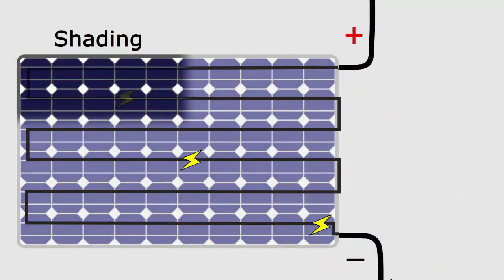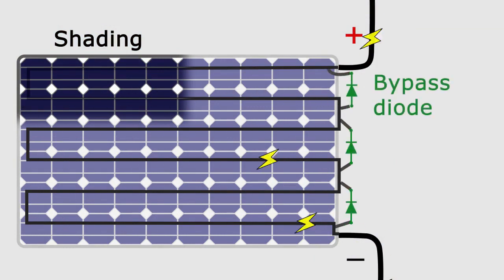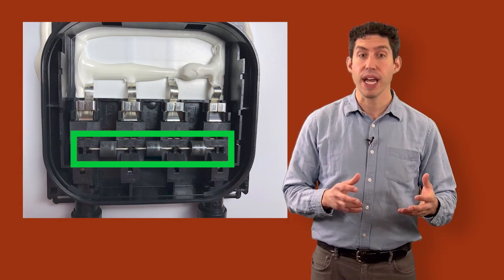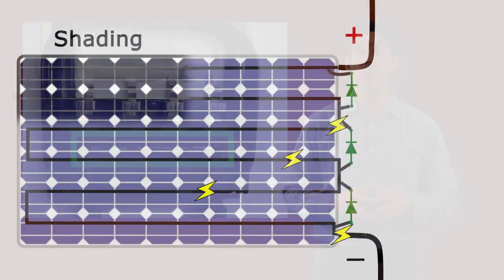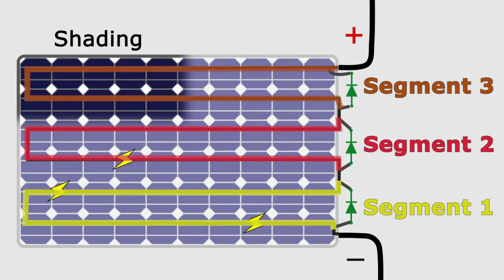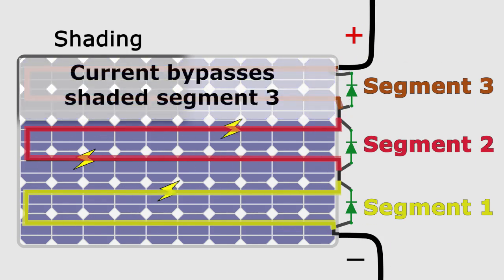To prevent this from happening, a circuit component called a bypass diode is installed in modules, so current is diverted around cells that act as a sink, meaning that they are taking in current versus producing it. One or two bypass diodes are typically placed in a module, creating circuit segments. If a cell in that segment stops producing current, or current that's lower than the rest of the module, electrons will be diverted, and instead of going through, they'll pass by and go through the rest of the cells and other segments in the module.